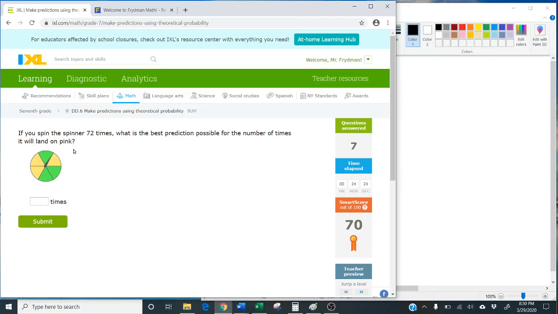So it doesn't matter how many times I spin it. If I spin it 72 times, I'm going to land on pink 0 times because there are no pink wedges here. So I could spin this thing 10 billion times. It wouldn't matter. I can't land on pink, so the answer has to be 0.